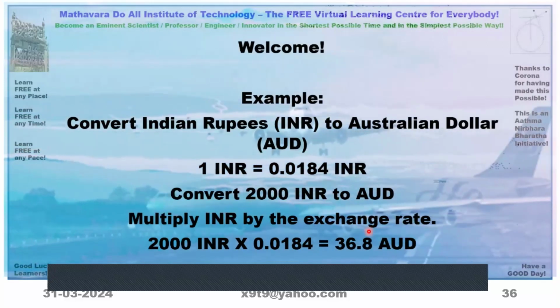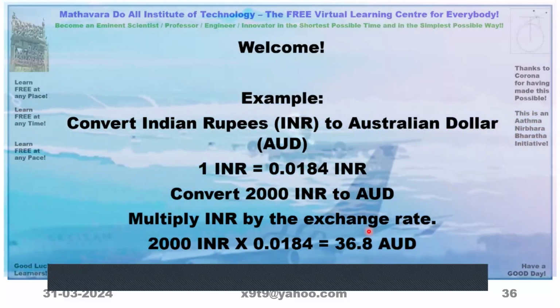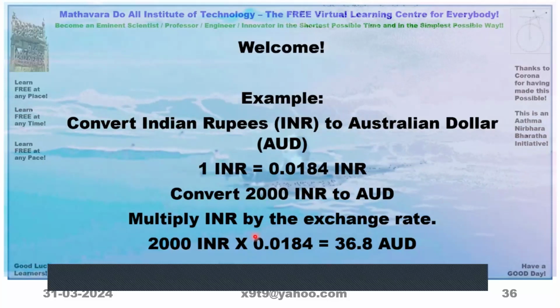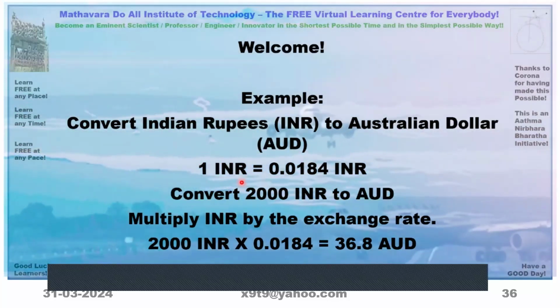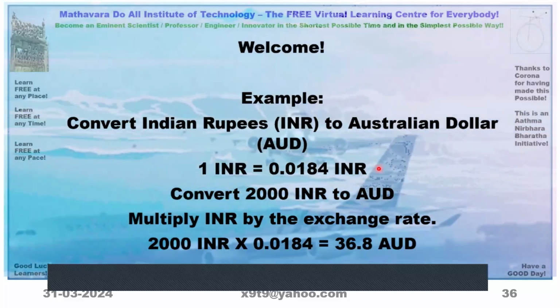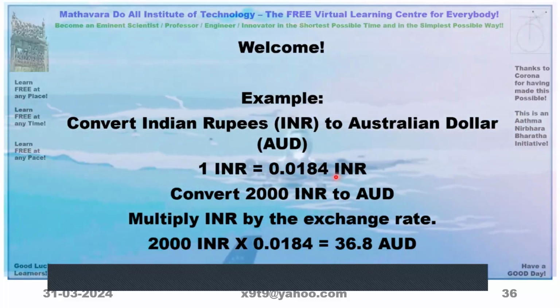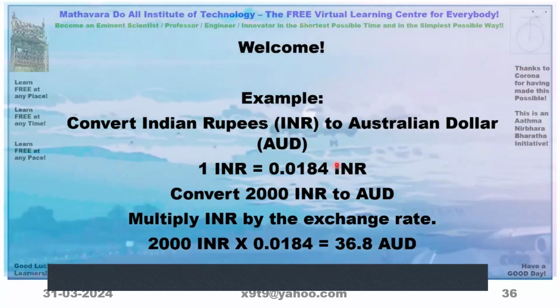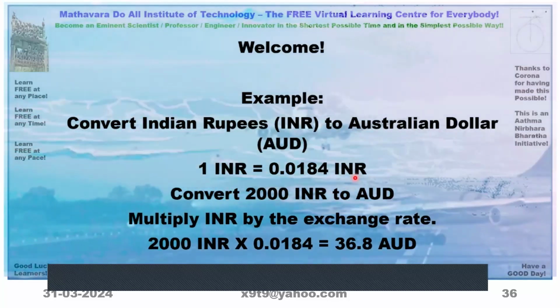Now convert Indian rupees to Australian dollar. Here 1 Indian rupee is equal to 0.0184. This one is a typing error. This is in Australian dollar. This one we change to Australian dollar.